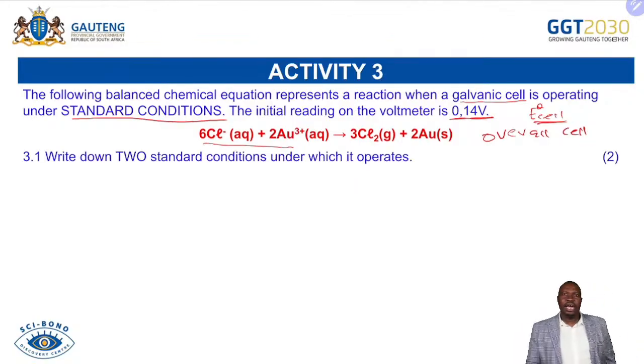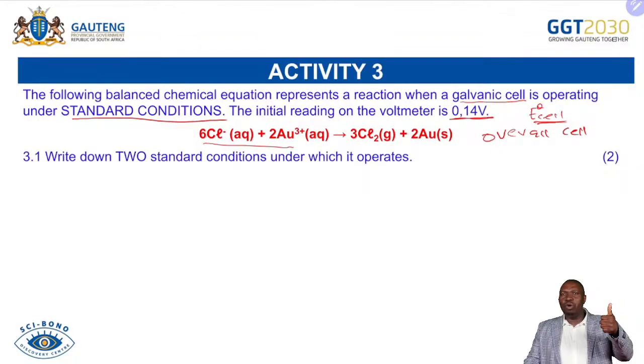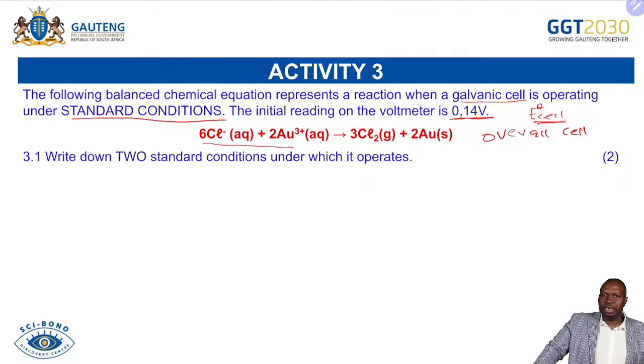Now the question is, write down two standard conditions under which it operates. You see, with this one, it's better. You are asked for two. You can write any two because we have chlorine gas there, so even pressure will be accepted. But I will always encourage you to start by writing initial concentration of 1 mole per cubic decimeter and temperature of 25 degrees Celsius.